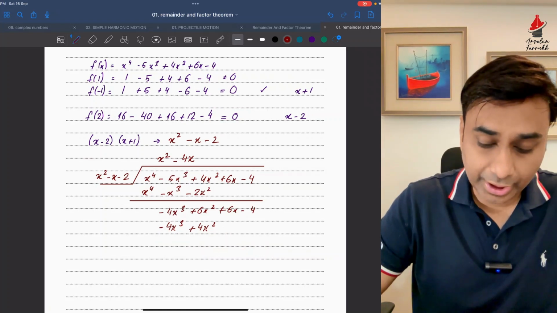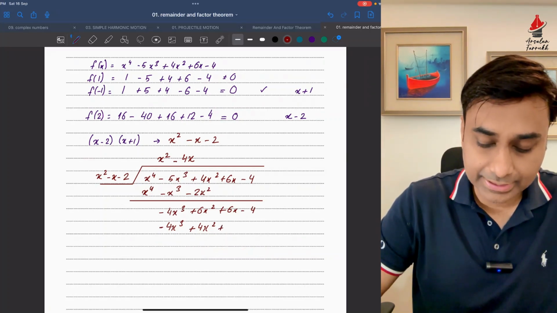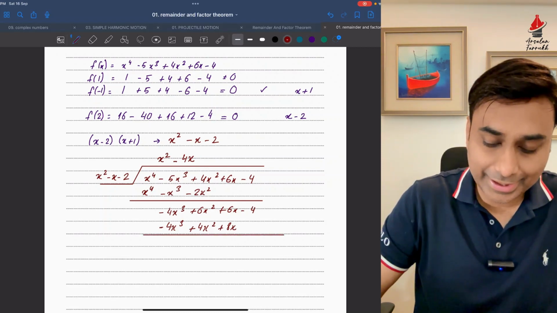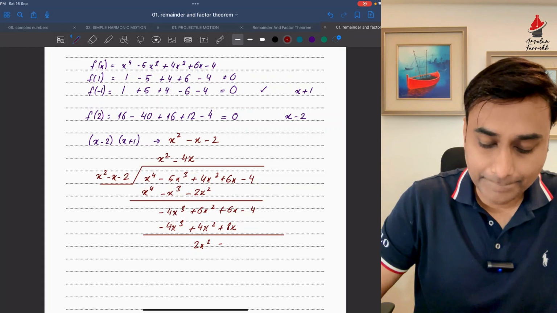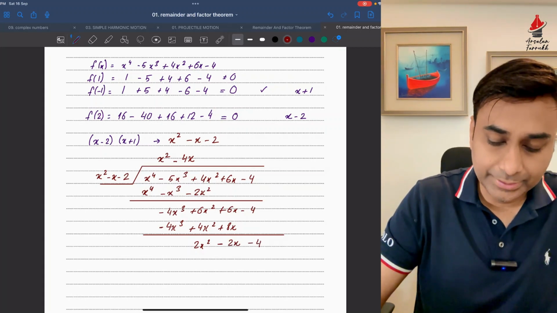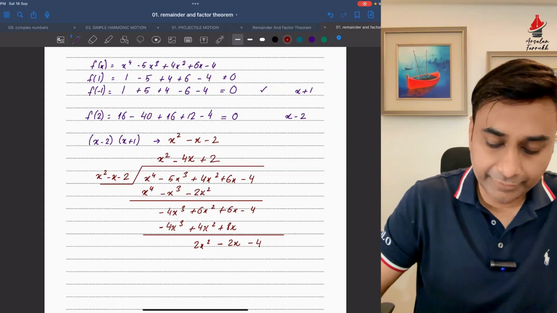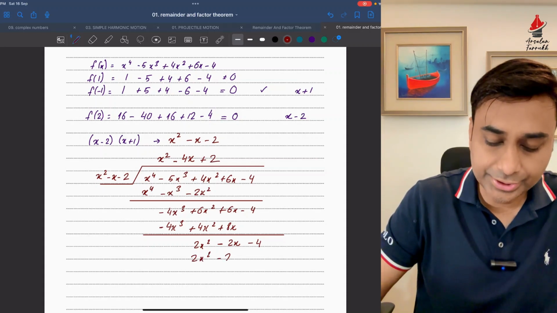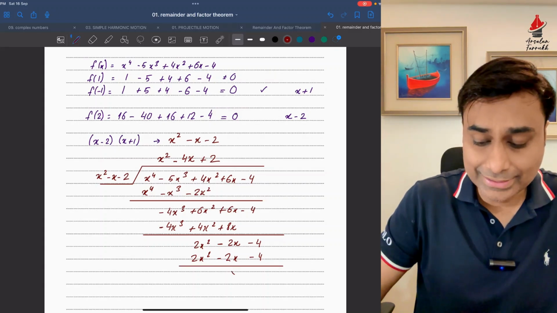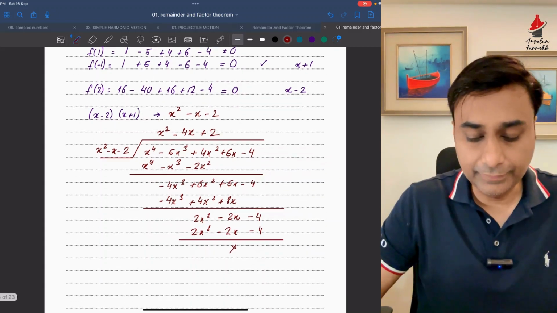And minus 2 times minus 4x will give me plus 8x. So when I subtract these, I'm going to be getting 2x squared minus 2x minus 4. Multiplying it with plus 2 will give me 2x squared minus 2x minus 4. And as anticipated, I will get the remainder as 0.